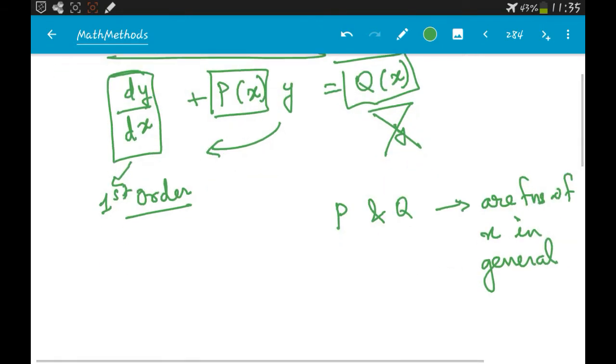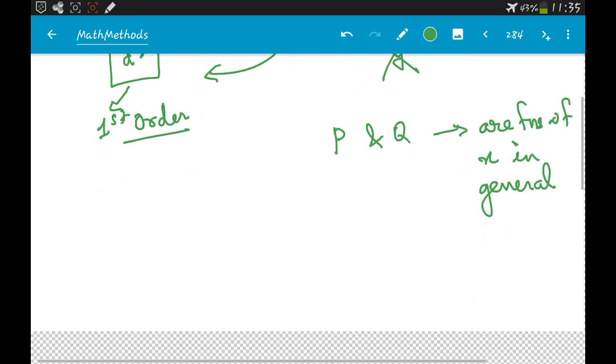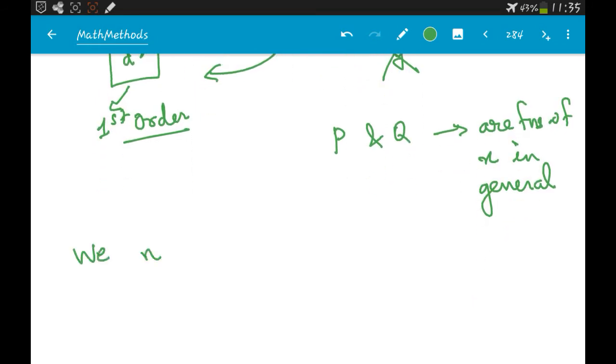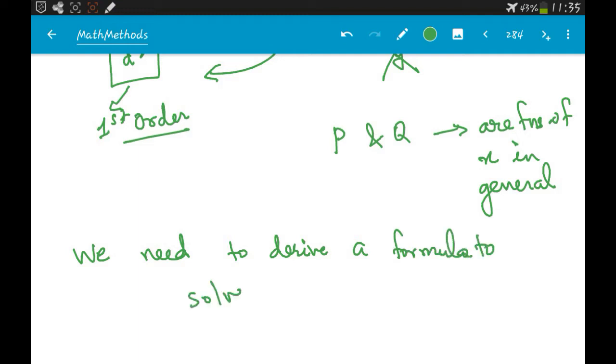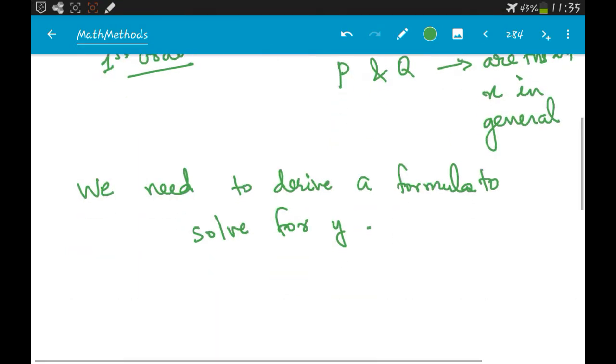So let's see what the method will be. We need to derive a formula to solve for y. Let's see how we can get the formula.